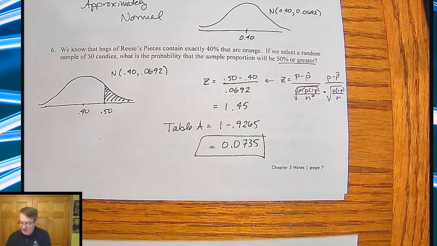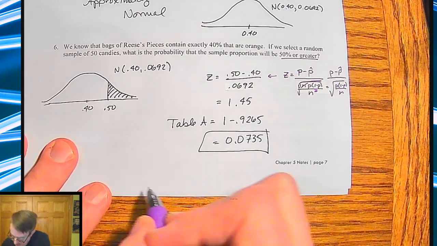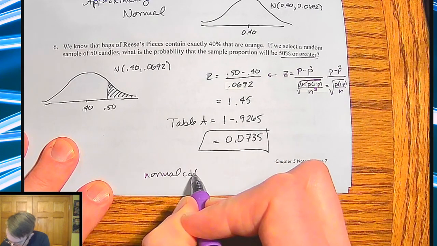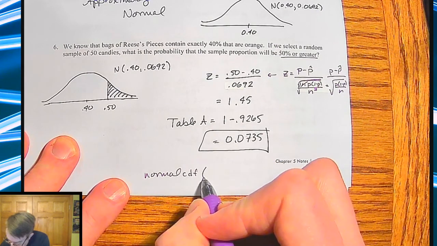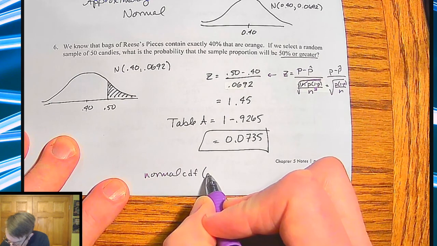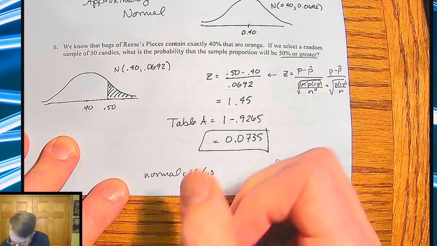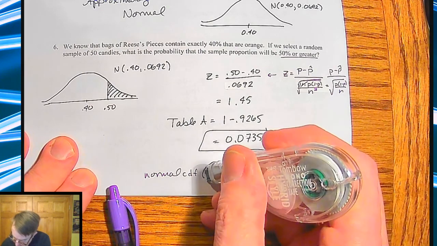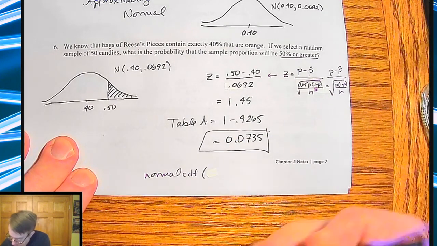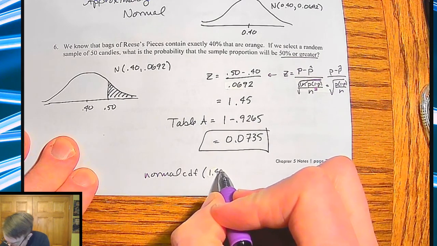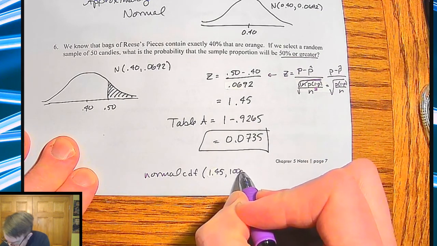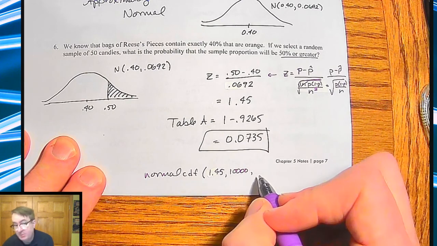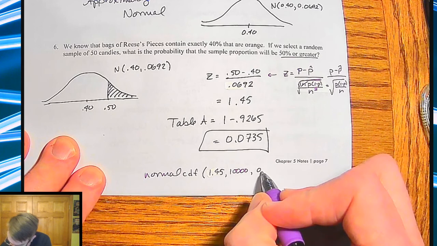If you ended up using normal CDF, then you're going to go normal CDF, and then you would say, okay, I'm going to go from 1.45. Yes, use the z-score. So 1.45 to 10,000, and then we're going to use, what's our mean? 0.1, right?